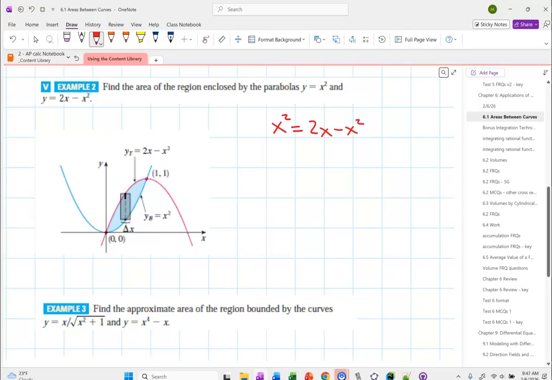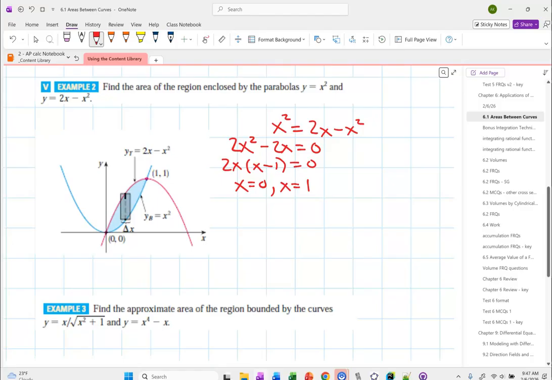You just set them equal to each other. Yes, you should. Yes, of course.